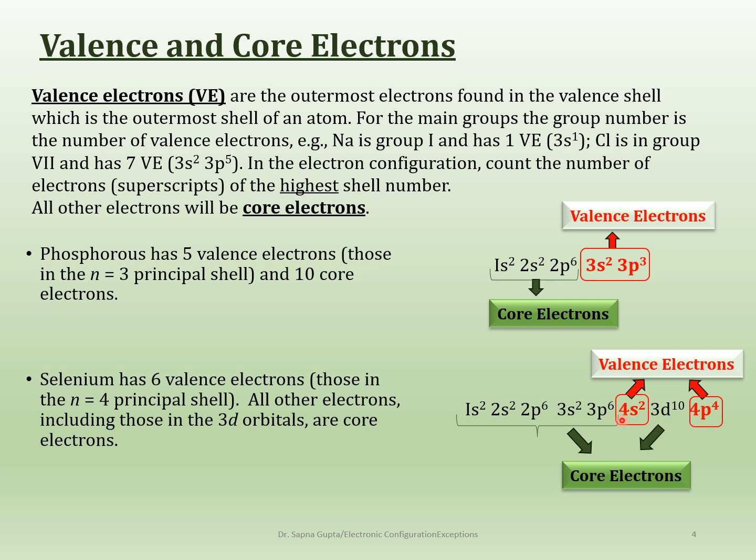You write the d because of the Aufbau principle. I don't want to talk about it too much and confuse you. Once your highest shell electrons are taken away, which means the largest shell number is taken away, everything else is core electrons. That's how you do valence and core electrons for any element.